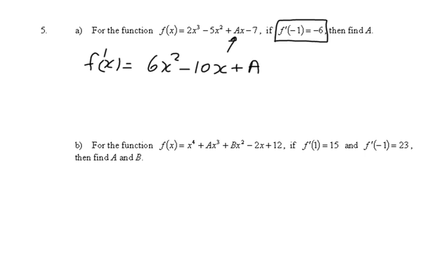Okay, so what I want to do now is put a -1 wherever I see x. And I want to do one more thing. I want to set it equal to what? No, not 0. -6. What have I created? A monster? No. An equation to solve for A.